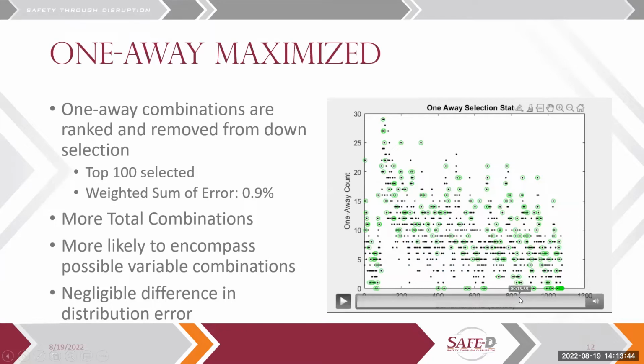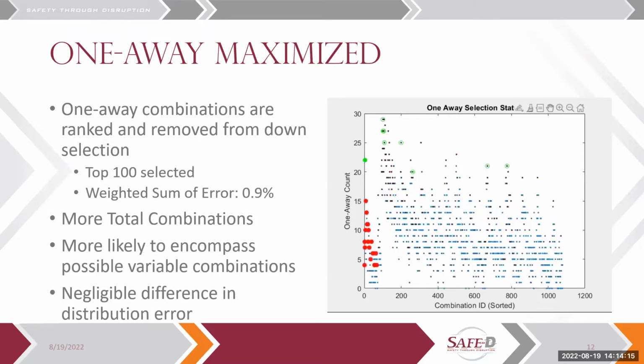And then from there, we ended up selecting the top 100. As you can see, most of the tail end here only had one or two events per combination. So this allowed us to get a broad distribution of data while maintaining the peaks in the data that we saw.